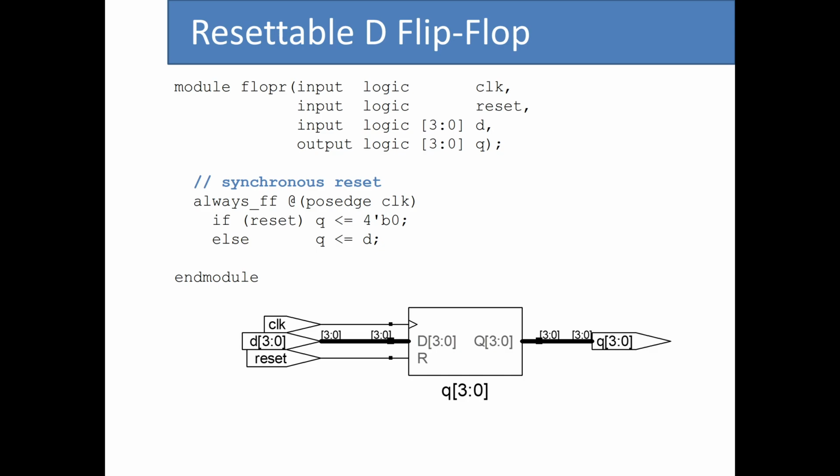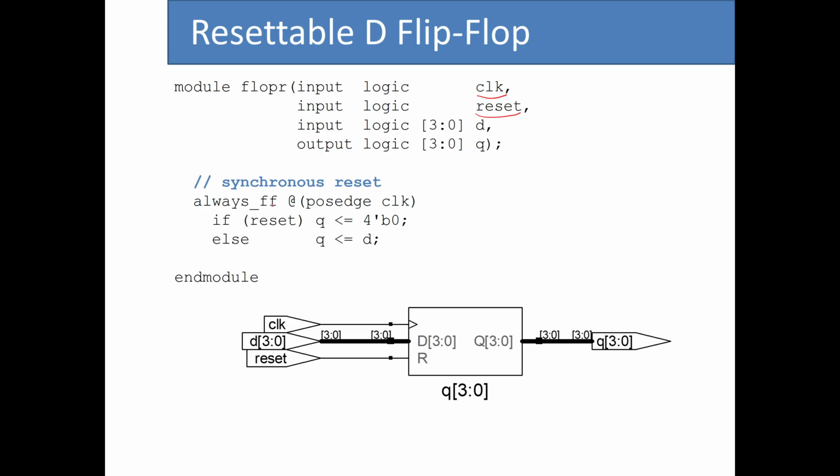But for the synchronous resettable flip-flop, you still had to wait for the positive edge of the clock. For the module defined for a synchronous resettable flip-flop, the inputs are a clock signal, a reset signal, and the data, and then we have the Q output.